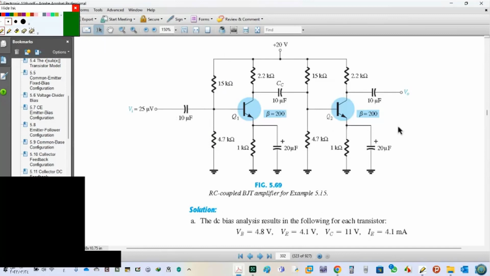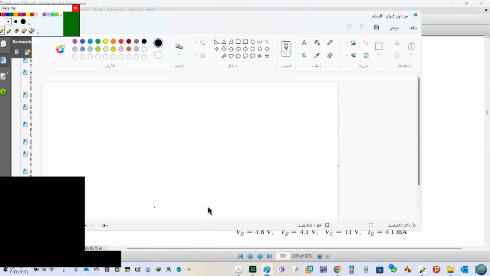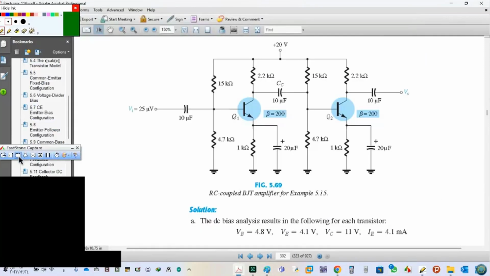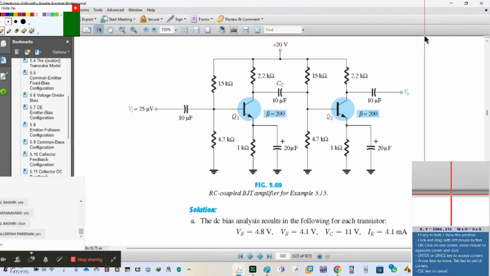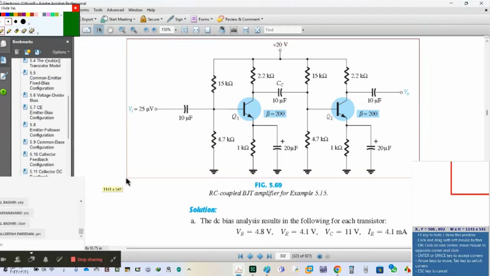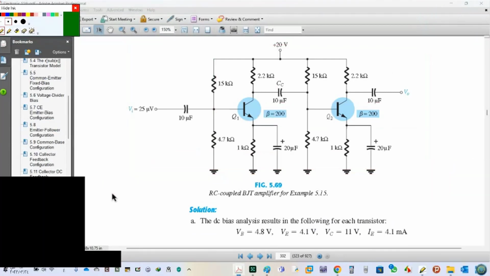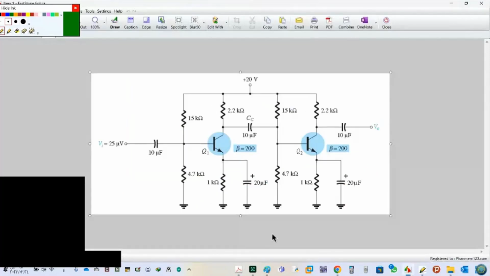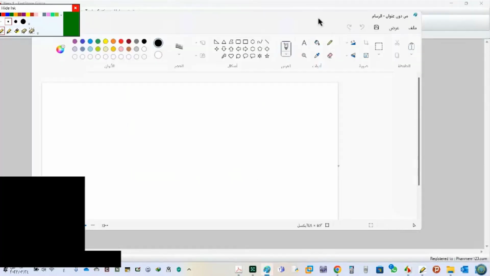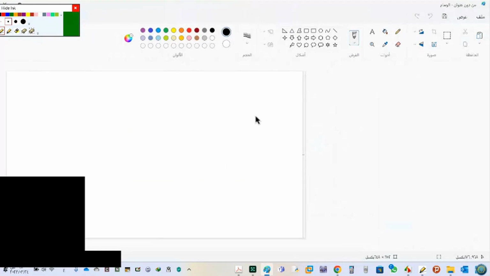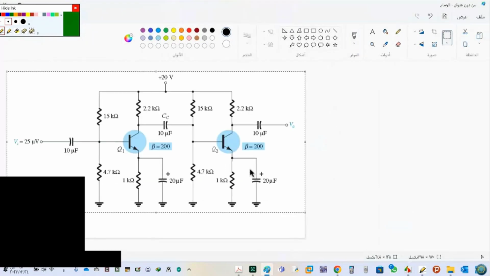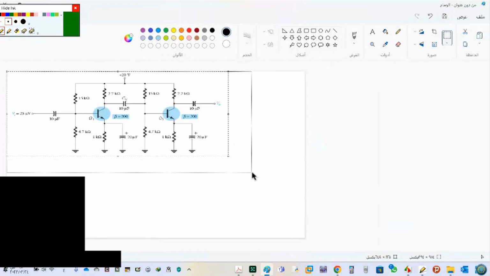This is DC. I want to make the AC analysis. How can we make the AC analysis? Let's start, and this is very important for you. Let's copy this and start the analysis.